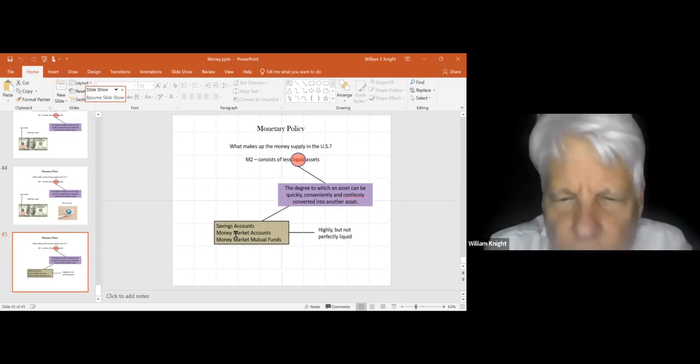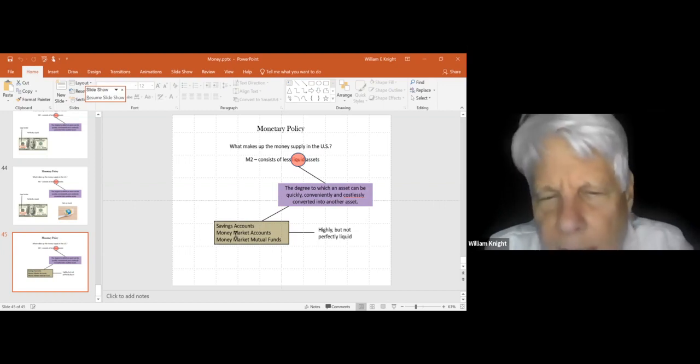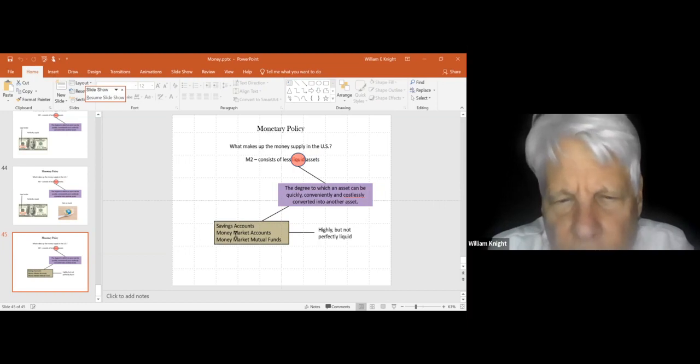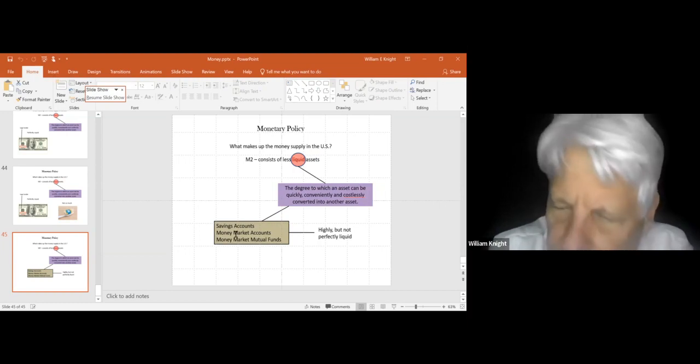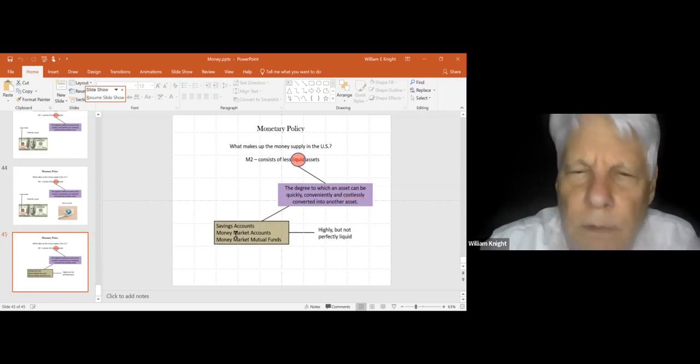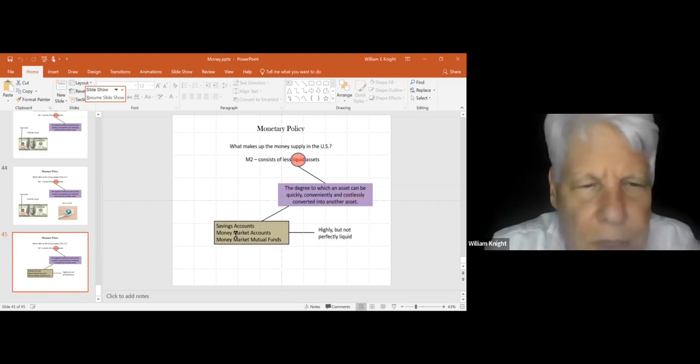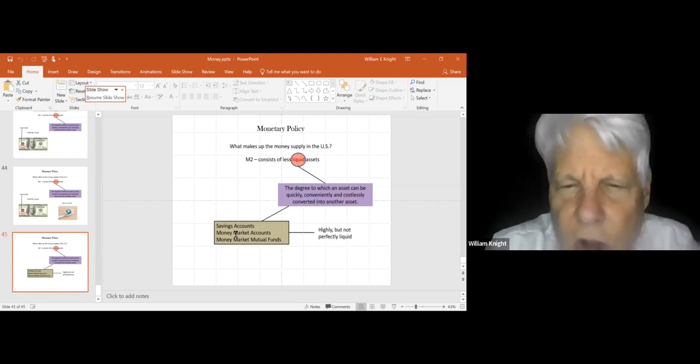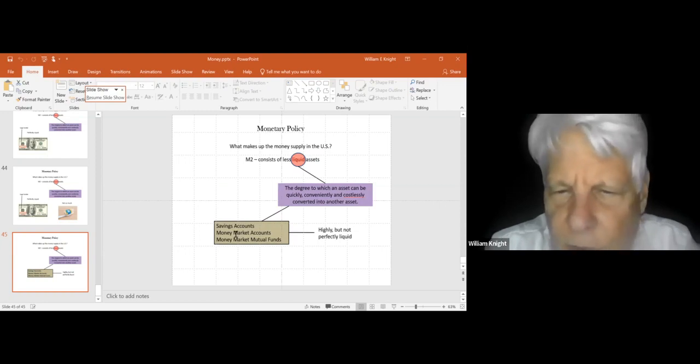If I have $1 million in my savings account, though, I cannot go up to the teller and say, yes, I'd like to withdraw $1 million from my savings account. The teller won't let you do that. They're going to say, look, you've got to give us a couple of days to come up with that $1 million. So like a checking account is called a demand deposit account, a savings account is called a time deposit account. They invest the money in different ways.